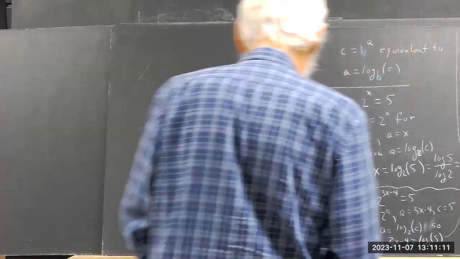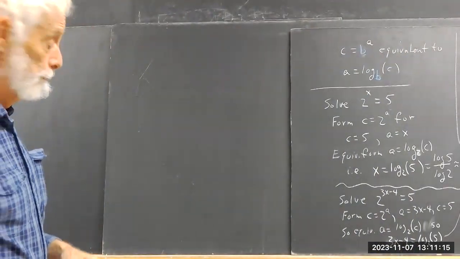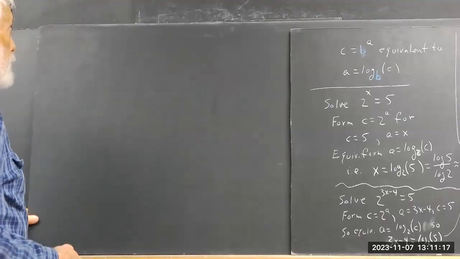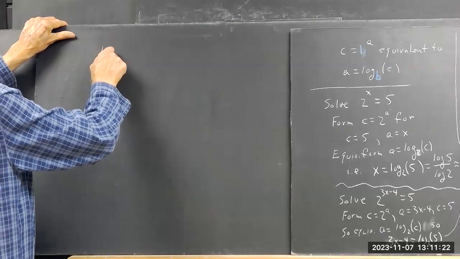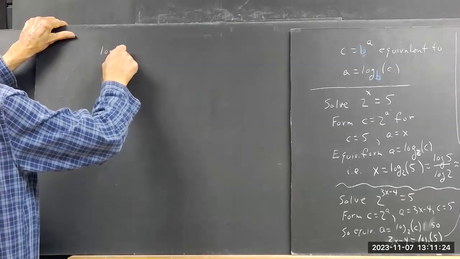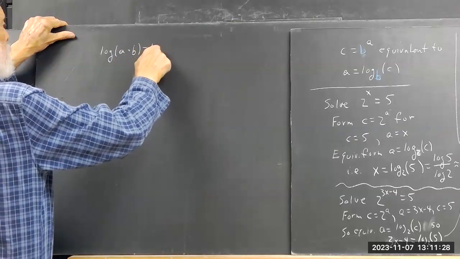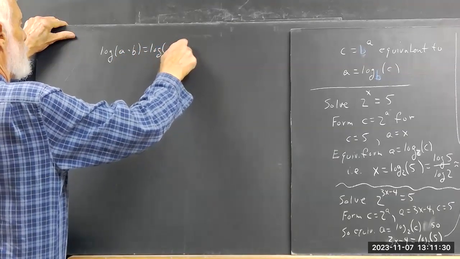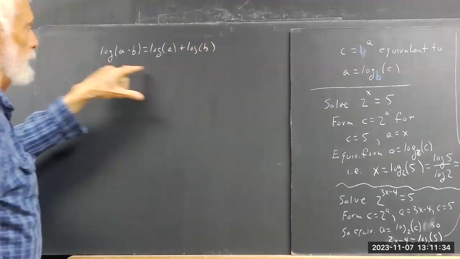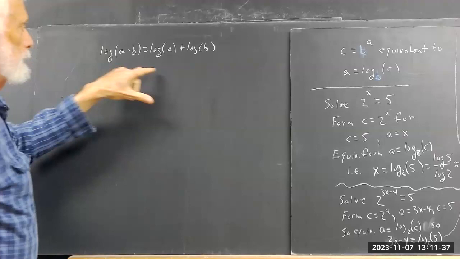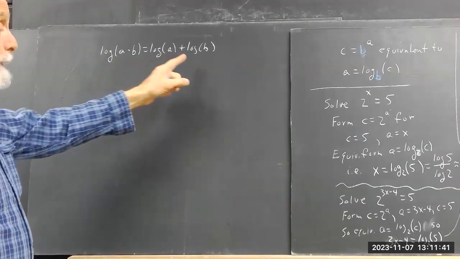Ultimately, always that simple. There are some rules for logarithms. For example, log of a times b is the log of a plus the log of b. You've got a multiplication here, you've got an addition here.